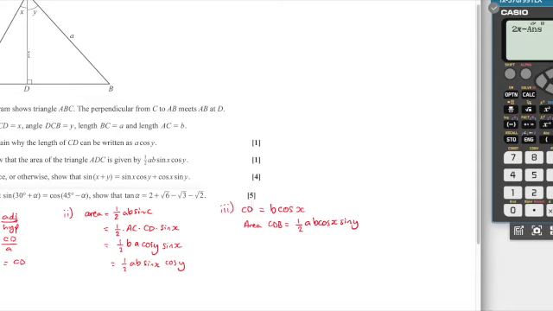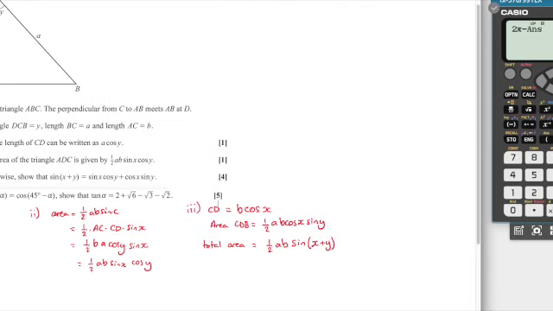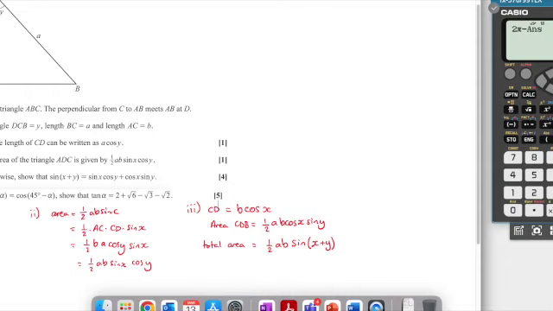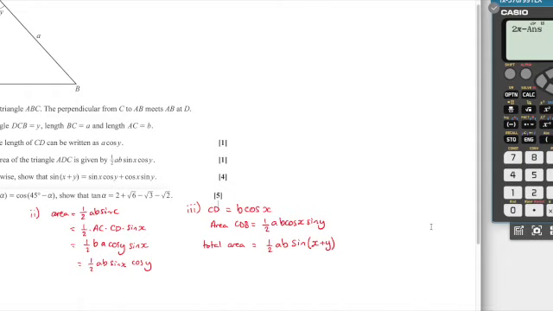And then your total area is going to be half a B sine x plus y. I think we might just be proving the double angle formula here. Not that one. Half AB sine x plus y.